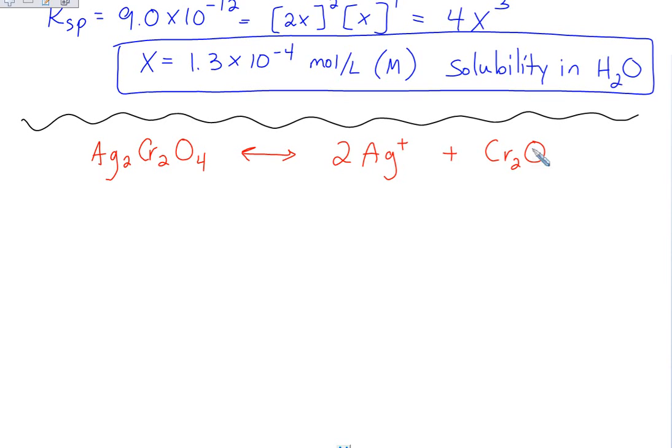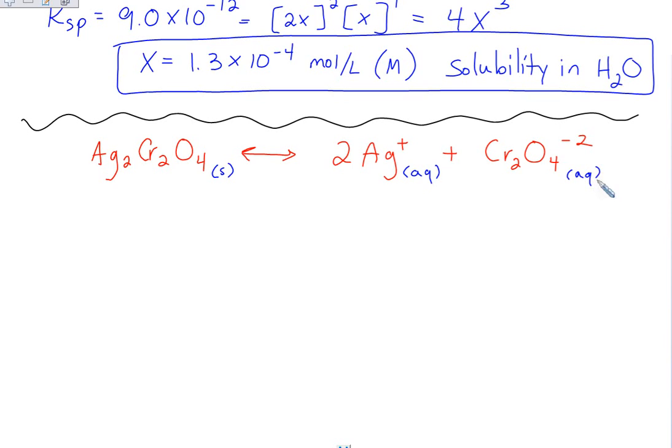This would be a really bad one to lick your fingers if you were dealing with this solution. Silver ions and chromium ions. Yucky. There we go. So we know that the original compound will dissociate. If I wanted to, I could put phases in. You don't have to. I'll just put them in for kicks.